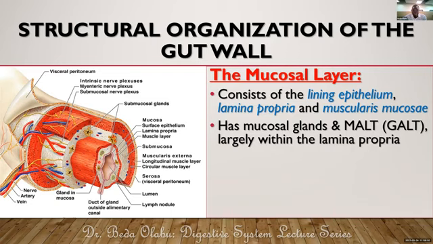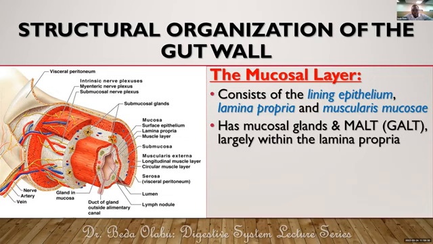Several parts of the alimentary canal have mucosal glands, and they may have different names depending on where we are. For example, the stomach has very many mucosal glands, and we call them gastric glands. How about the ones in the small and large intestine?